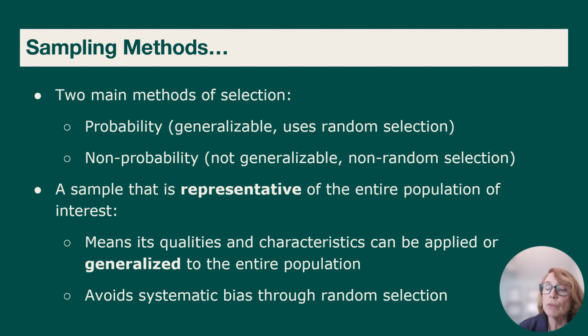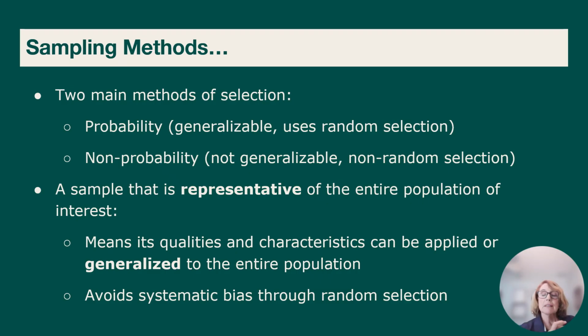So non-probability samples are great for pilot studies and exploratory purposes, for examining things where little is known. There's very little theory already in existence. And it's not to say that non-probability samples do not have a useful purpose and that probability samples are perfect and should be your preferred method.